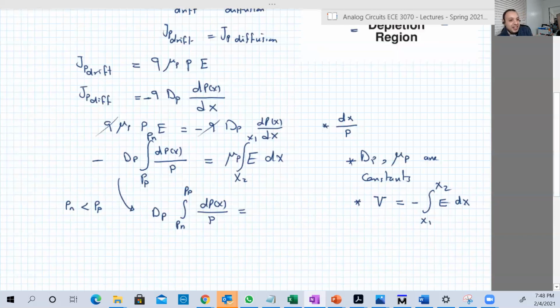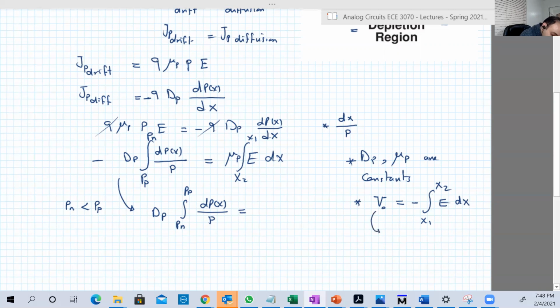Remember, we don't know E. If we knew it, we would just do the integral, but we don't know it. But we know the integral has a relation to V naught. In our case here, this is actually V naught, or the VBI. But unfortunately, we have here x2 to x1, not x1 to x2 like this, right?